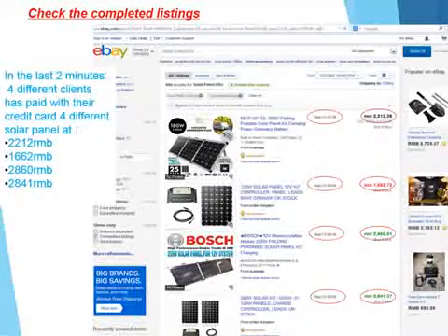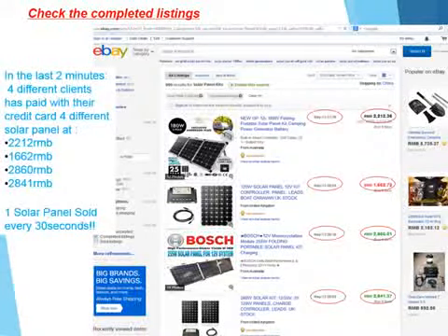You can see that a lot of people are buying this kind of product. On just ebay.com there is really a lot of people buying, one sale every 30 seconds for this kind of product.